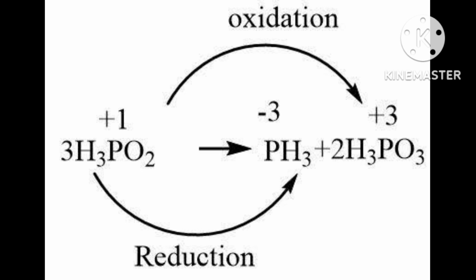This is an important thing, and this question is asked. In a multiple choice question also, if asked which halogen will not show a disproportionation reaction, the answer will be fluorine.